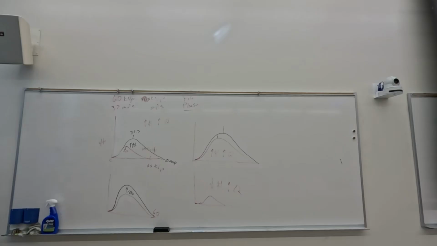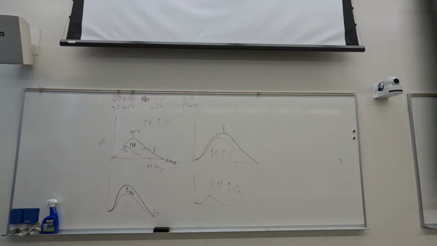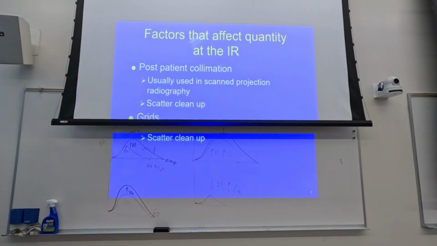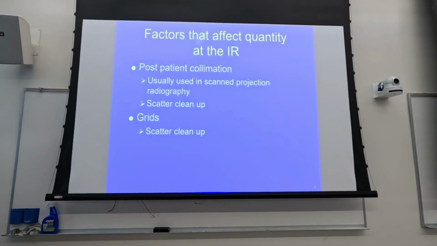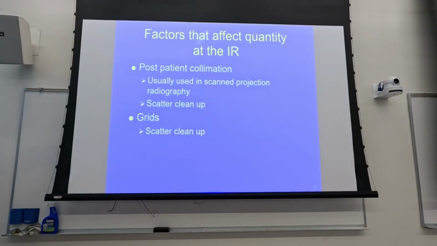All right, so let's go ahead and drop these back down. So the other things that will affect quantity at the image receptor, you don't see this a whole lot, but post-patient collimation.